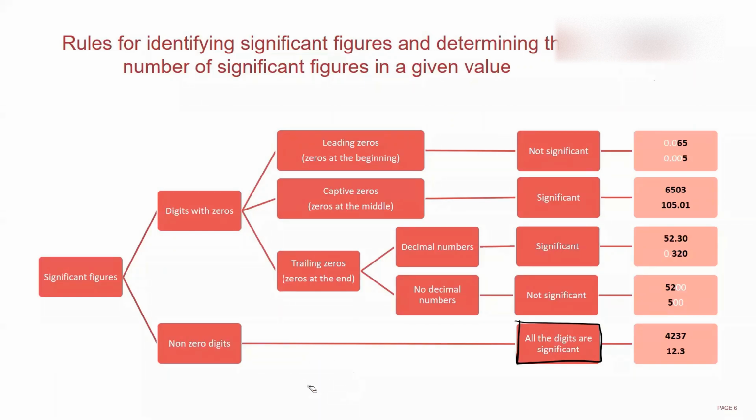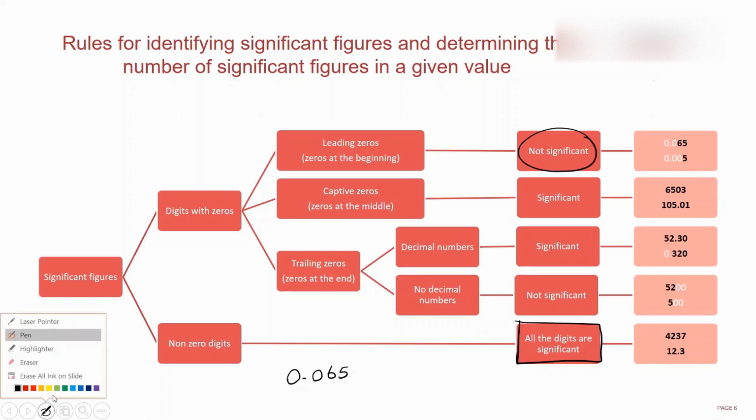Let's take a number with zeros. When we have a number with zeros, we first need to check where the zero is. If the zero is at the beginning, we say zero is not significant. For example, if we take 0.065, here we have 2 zeros at the beginning and we don't count zeros as significant.